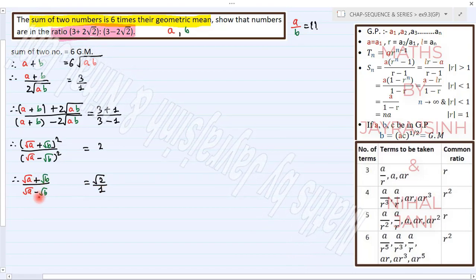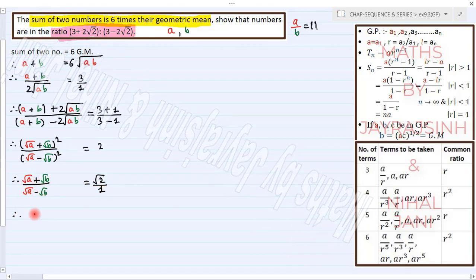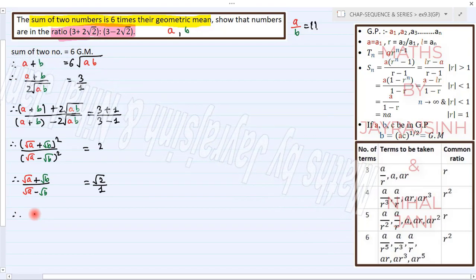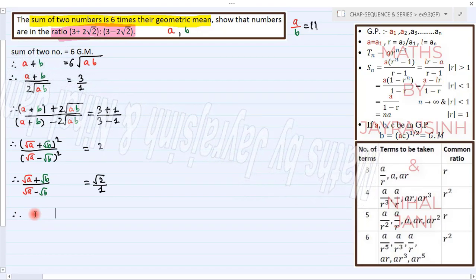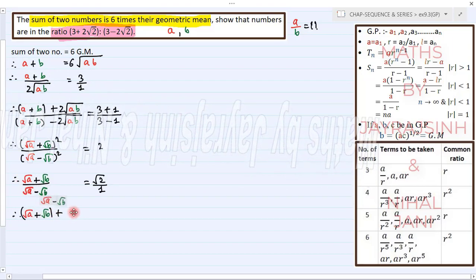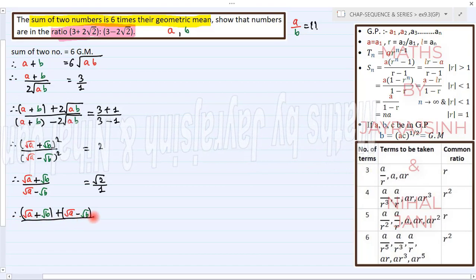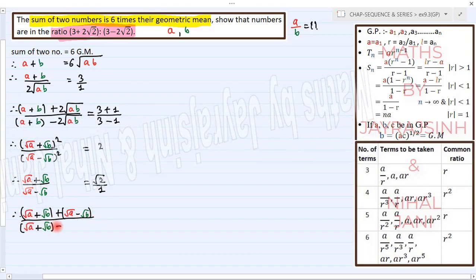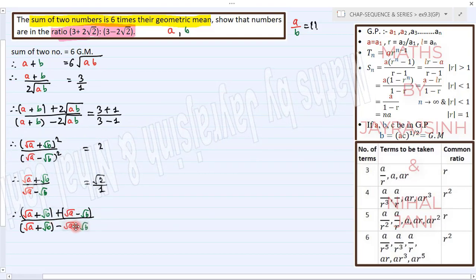So we get plus and minus. Now we just have to separate them. So let's use componendo and dividendo again. So in the numerator we have to take numerator plus denominator, and in the denominator we have to take numerator minus denominator.